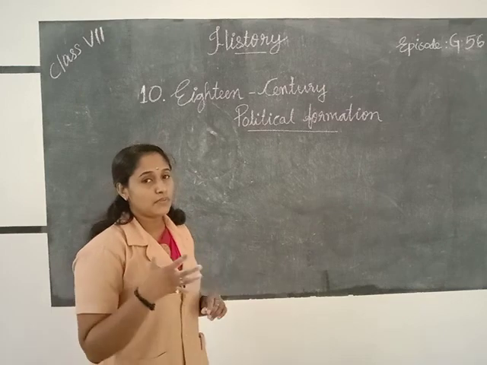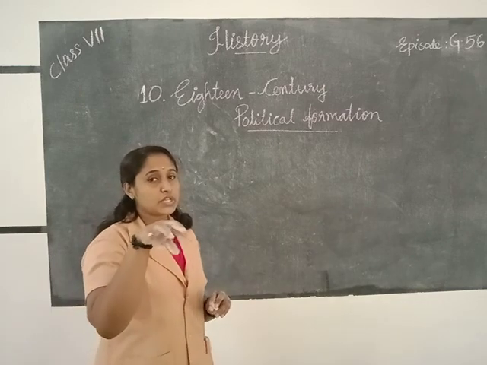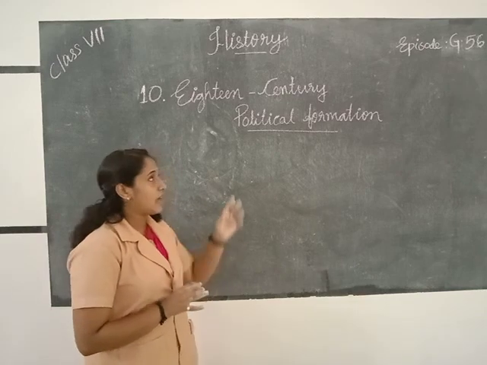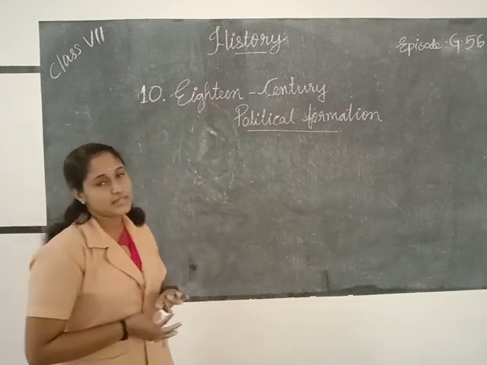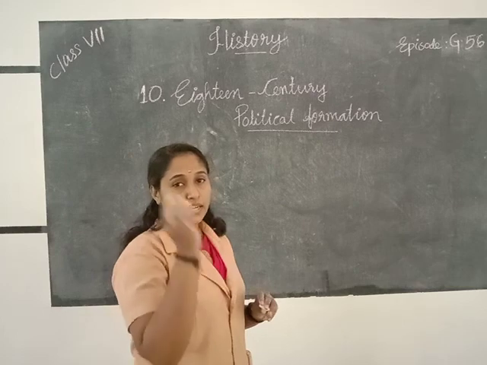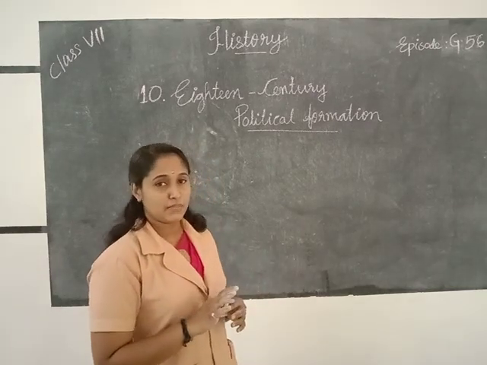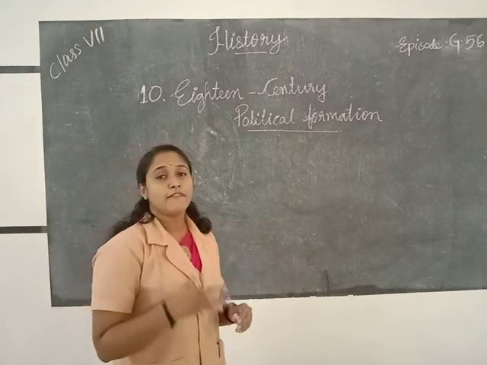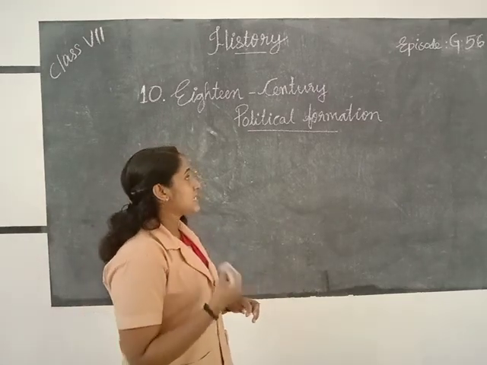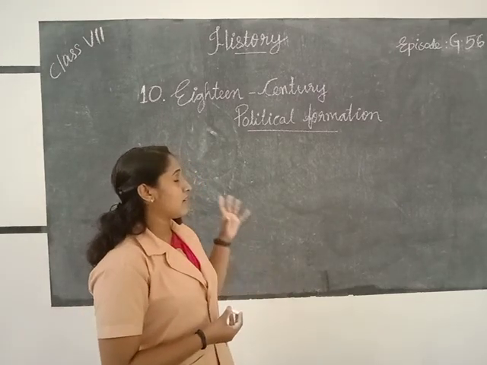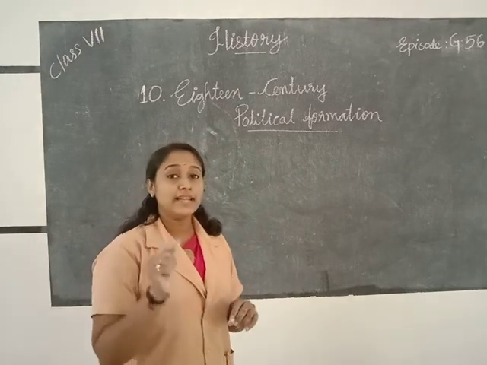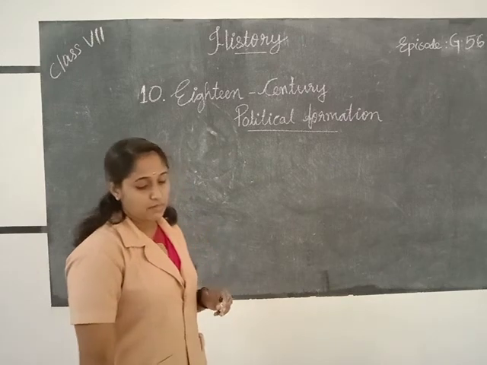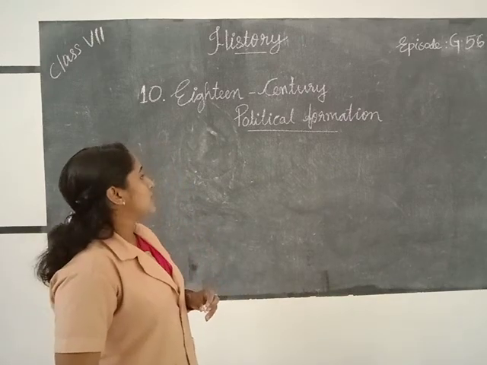So when we want to know how the British started their ruling power in India, it started in the 18th century because of the decline of the Mughal empire. We also discussed what the crisis was for the Mughal empire and the later Mughals, and we discussed the first one, what happened in Aurangzeb's period.